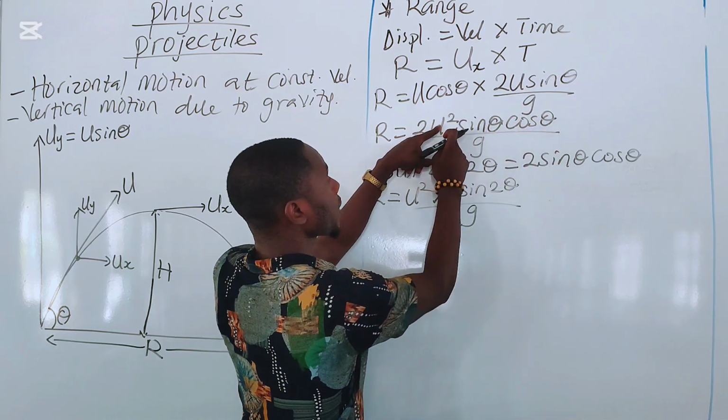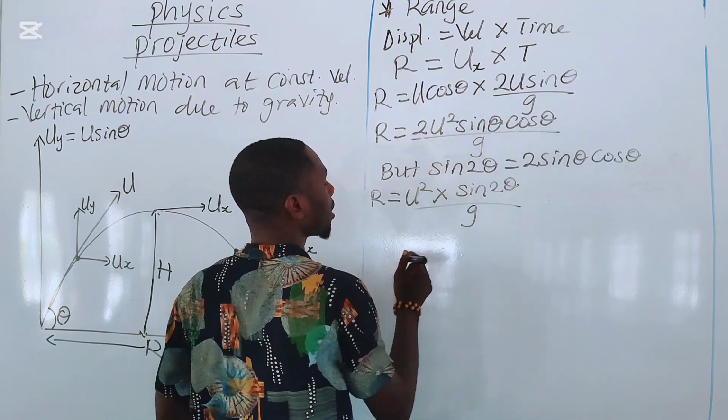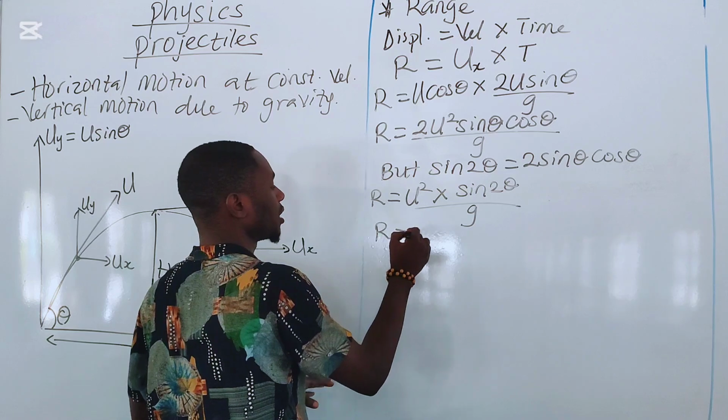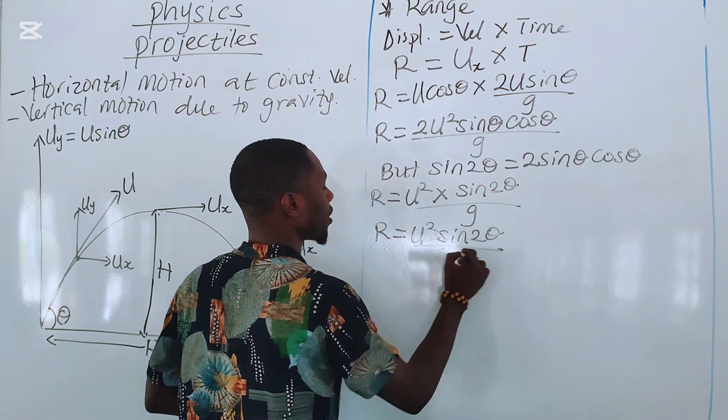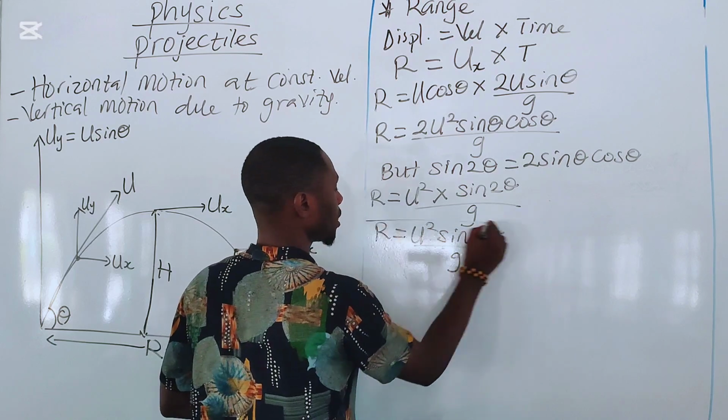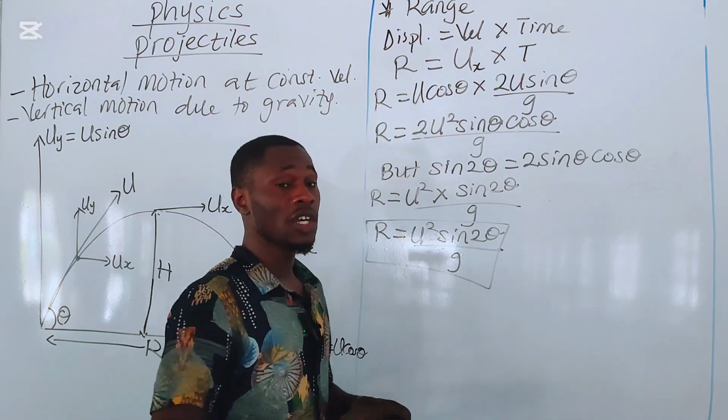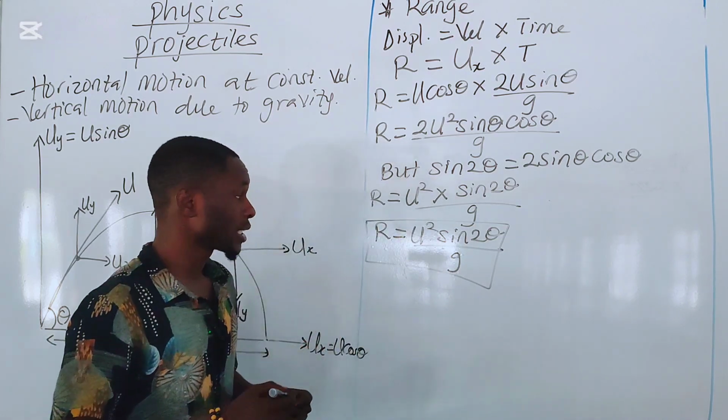So we're only left with u squared multiplied by sine 2 theta over g. So our range now gives us u squared sine 2 theta over g. Okay, so this gives us an equation for the range of the projectile.